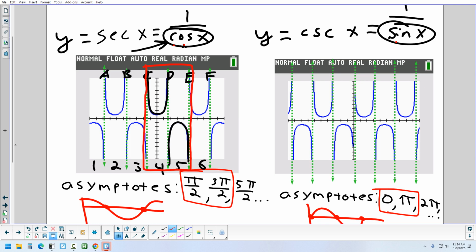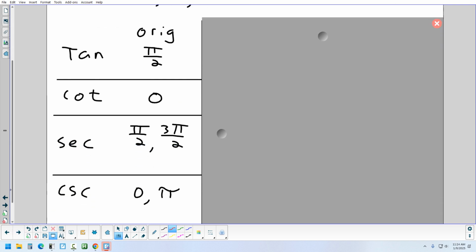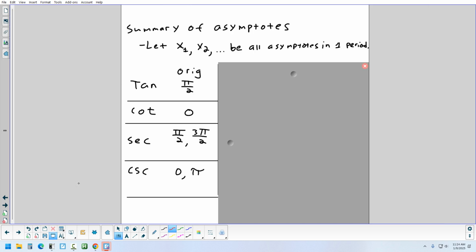So basically everything that I put those boxes around, that's what's in this table. These are the original first asymptotes you hit that are not negative. Give people a second to copy that.